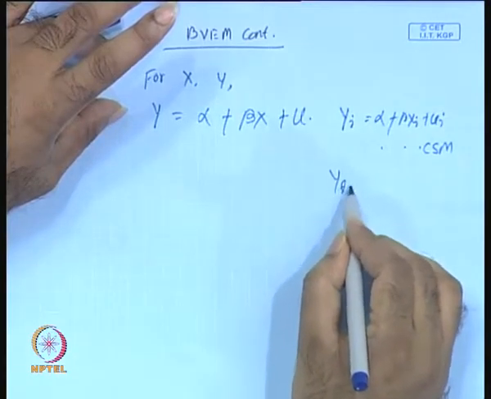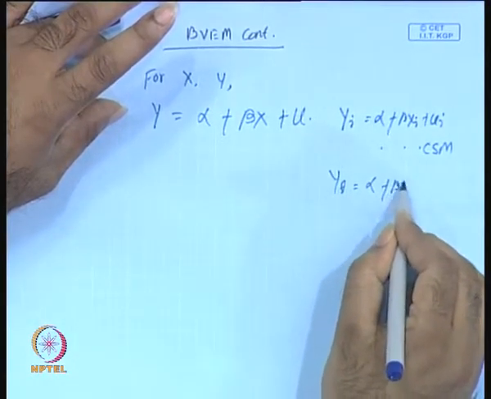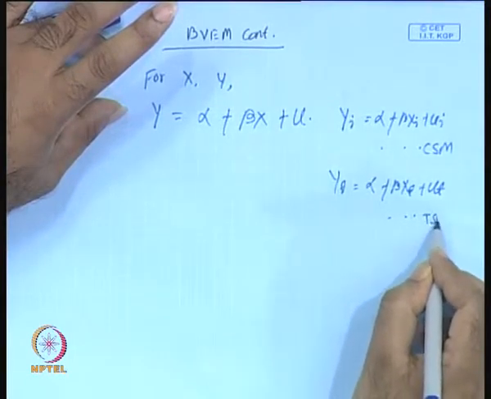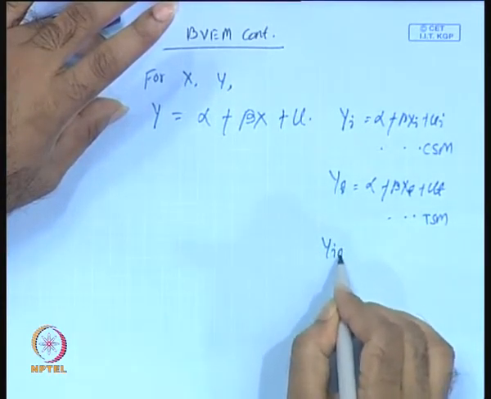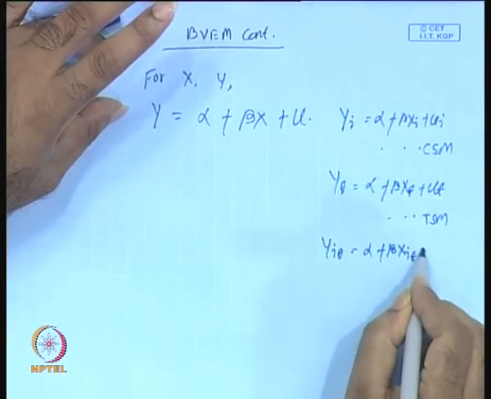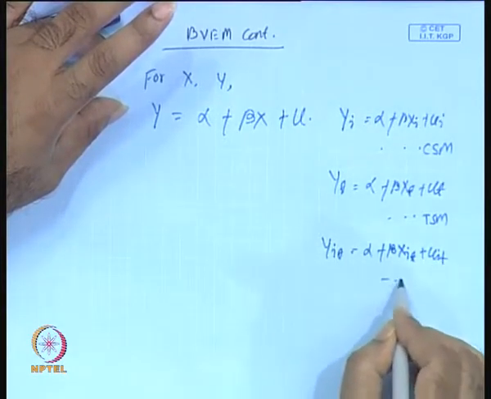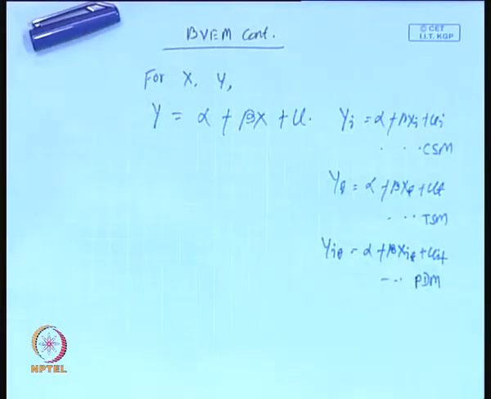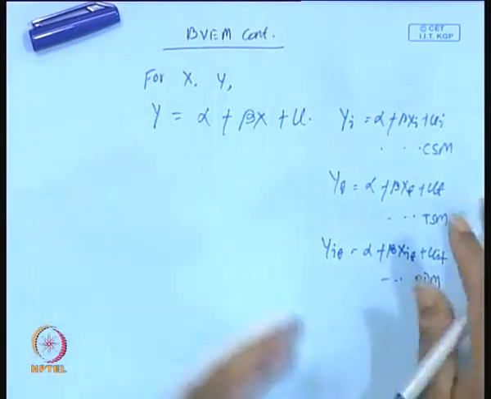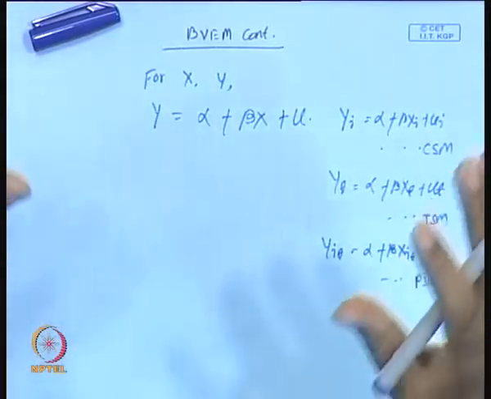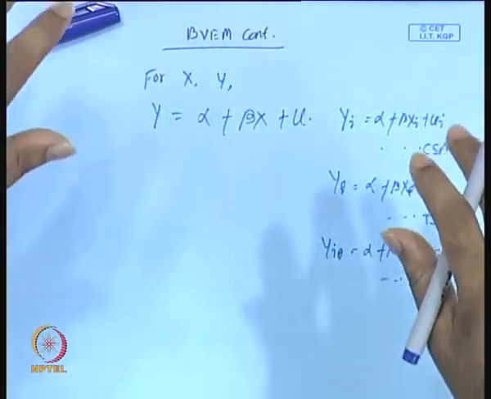Similarly, y t equal to alpha plus beta x t plus u t is time series modeling, and y i t equal to alpha plus beta x i t plus u i t is panel data modeling. We are not in a position to discuss all these simultaneously, so we start with the basic framework of bivariate modeling, taking cross sectional analysis only.